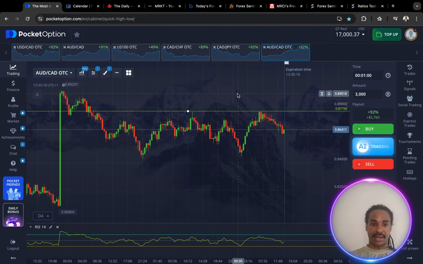So if we have the Canadian dollar here, where is it? There you have it. Canadian dollar is in the negative, right? So we have that priced in. We can see that the performance is pretty bad for the Canadian dollar.